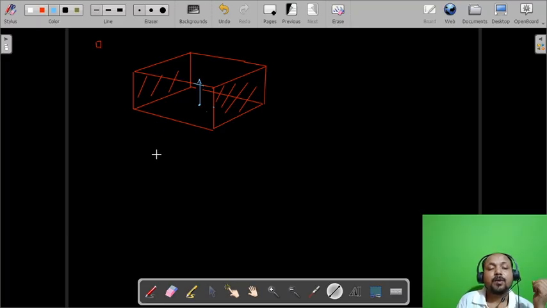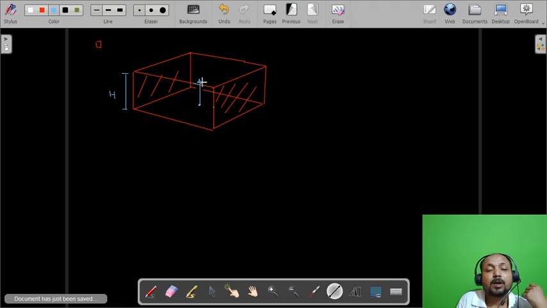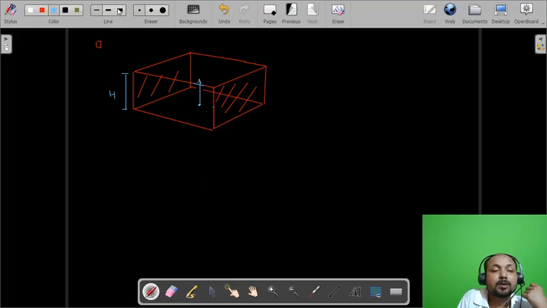Now what we have to find out is the minimum height of the mirror so that this person can see the full image of the wall in his eyes. Here this is the observer, and the wall is the object. And this is the mirror.